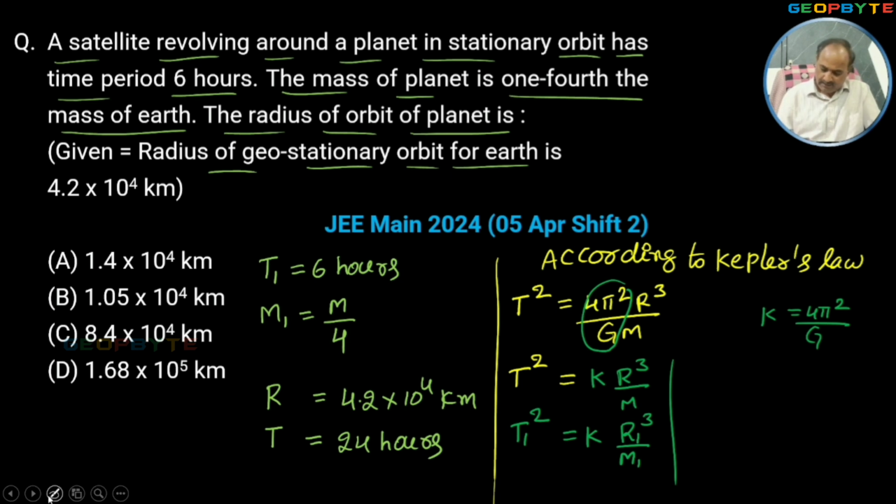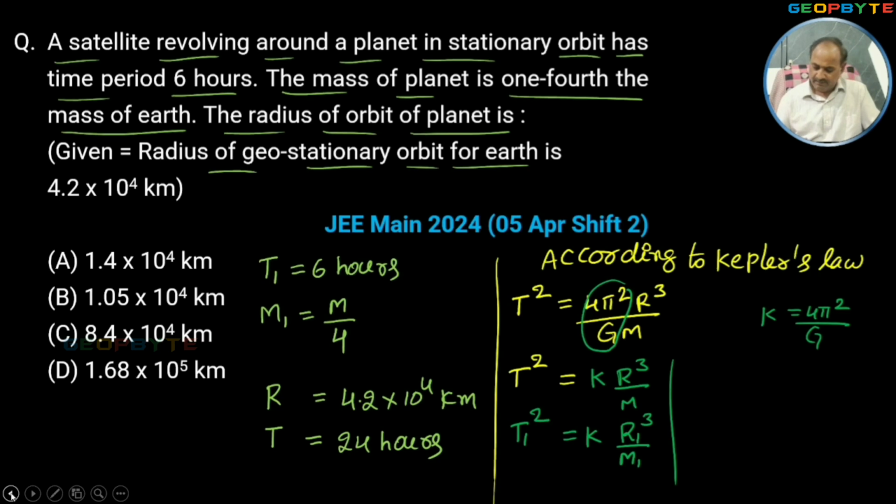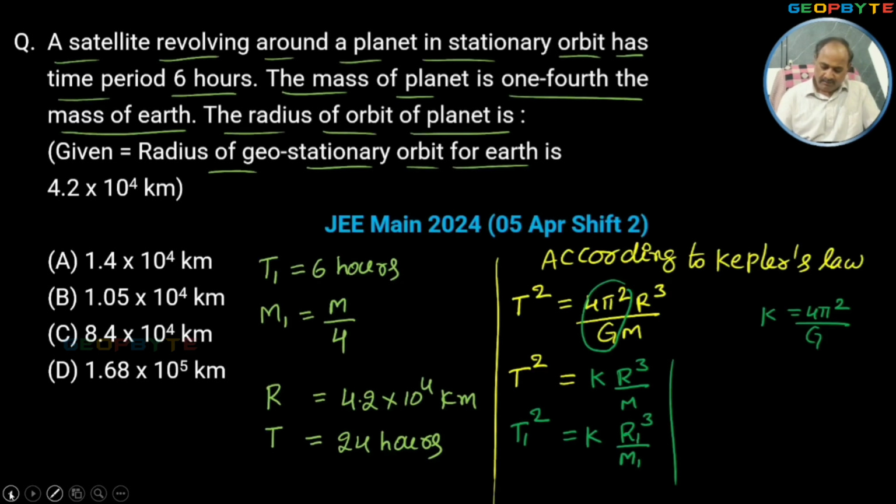Then T1 square by T square is equal to k r1 cube by M1.